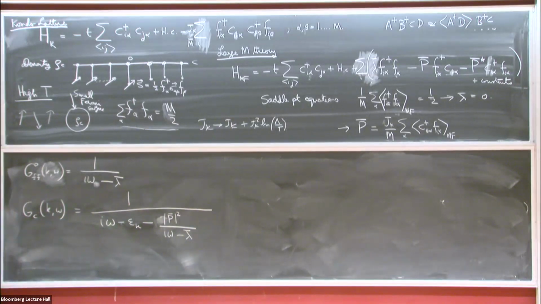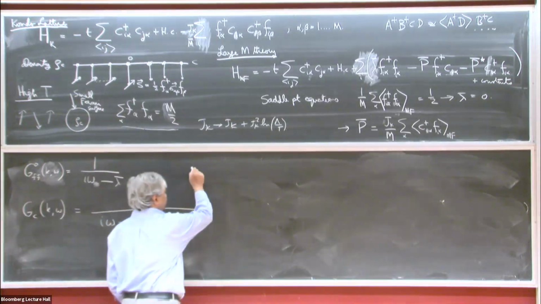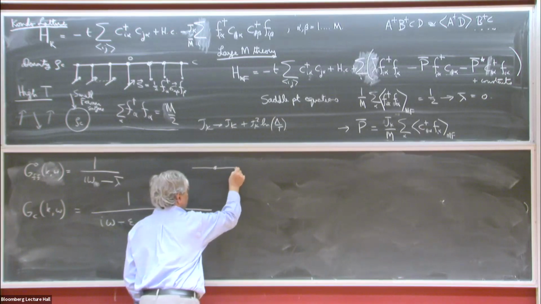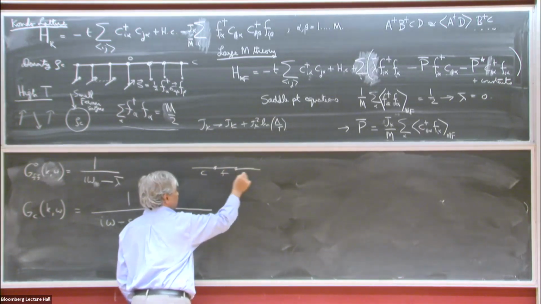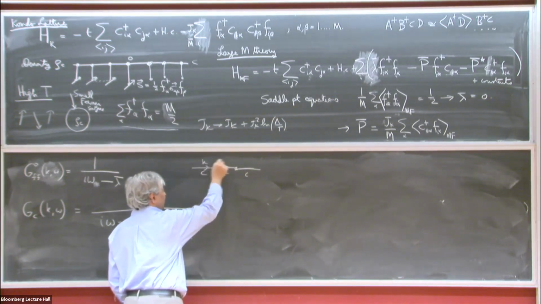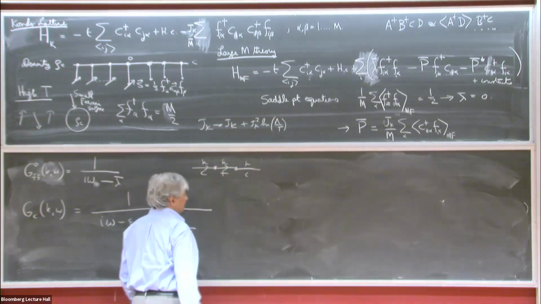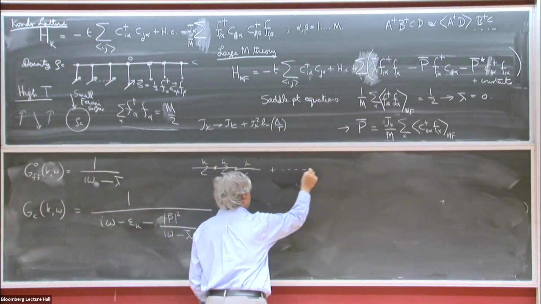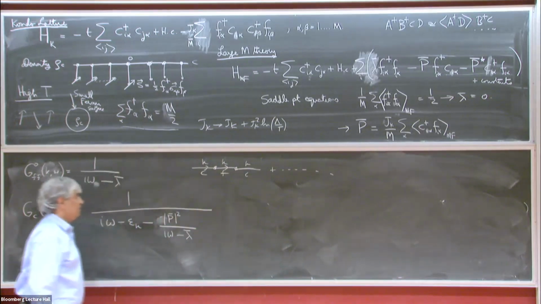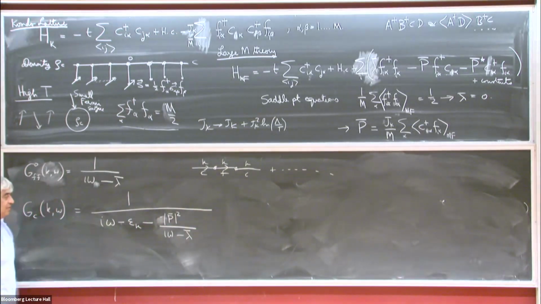That's it. So this is just the sum of these graphs again, c, f, c, but now it's the same momentum in every line, and so on. So you sum all of those graphs and you just get this very simple expression for the Green's function.